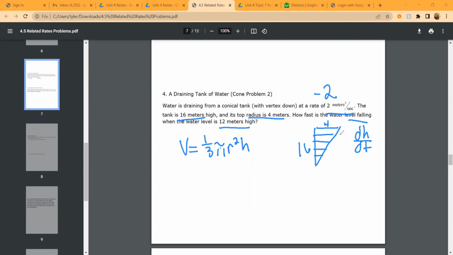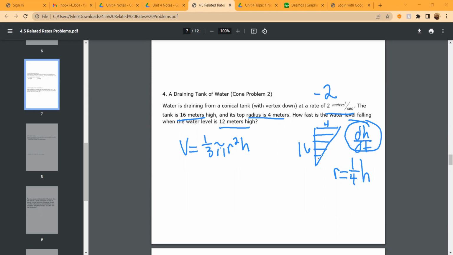So if the height's 16 and the radius is 4, that means the radius is equal to 1/4 the height. You may think, well, I'd rather use h equals 4r instead, because fractions are scary. But remember, it's asking for dH/dt, this is our end product, so we're going to need to replace r, not h.